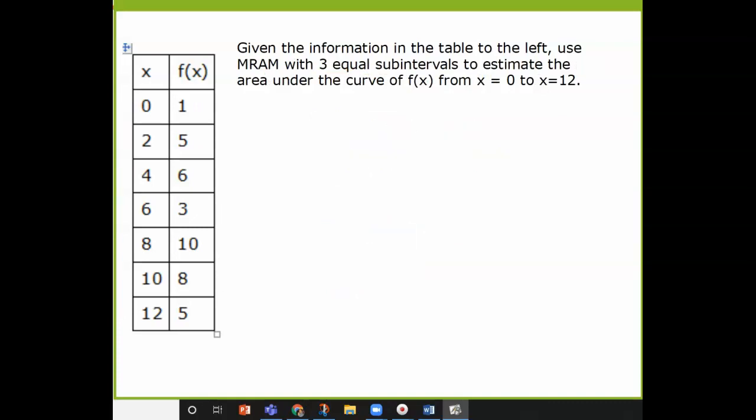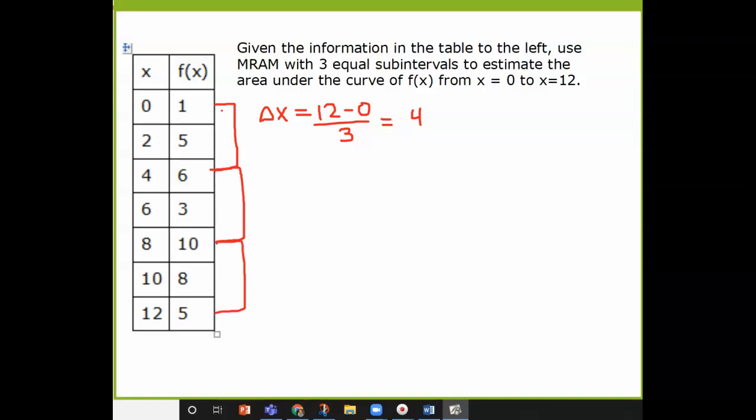Now to do MRAM, when we don't know our function, means that my subintervals have to get larger. So now I'm only going to have 3 subintervals. So my width is 4. So then my rectangles go from 0 to 4, 4 to 8, and 8 to 12.